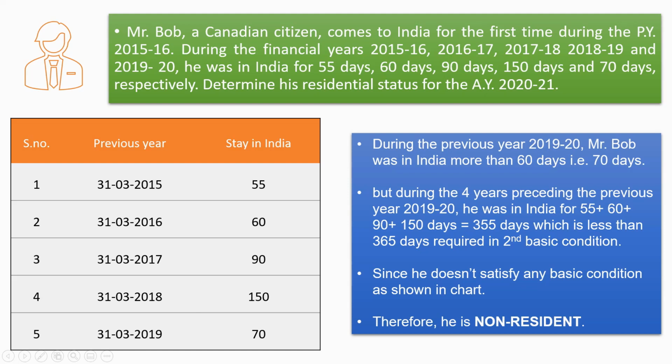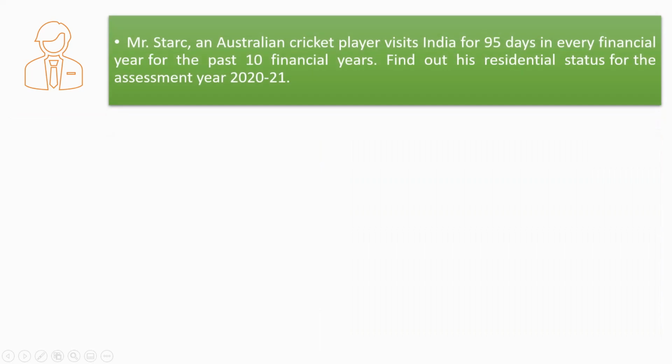His stay in India is more than 60 days, but during 4 years preceding previous year his total stay in India is 355 days, which is less than 365 days as mentioned in second basic condition. He doesn't satisfy second basic condition also. Since he doesn't satisfy any condition, he will be a non-resident for assessment year 2020 to 21.